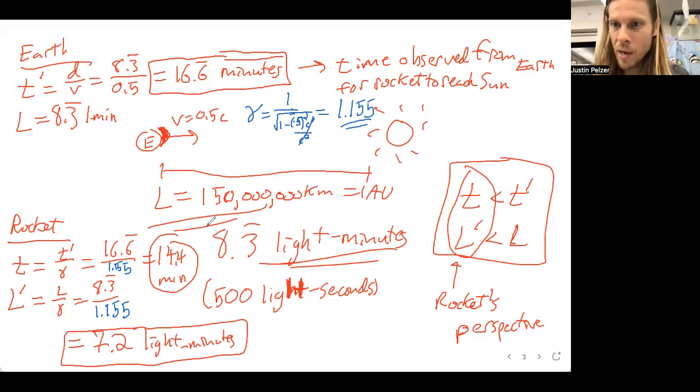By the way, at half the speed of light, gamma isn't that much. It's 1.155, about a 15% change, a little bigger than 1. Half the speed of light, you're not getting much of a change, but space would actually be measured to be that much shorter. And that actually explains time dilation from an interesting perspective.